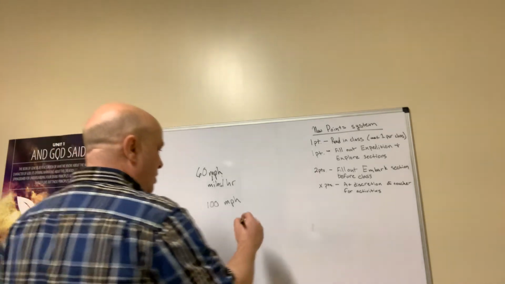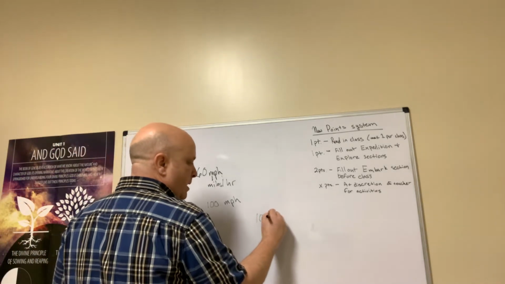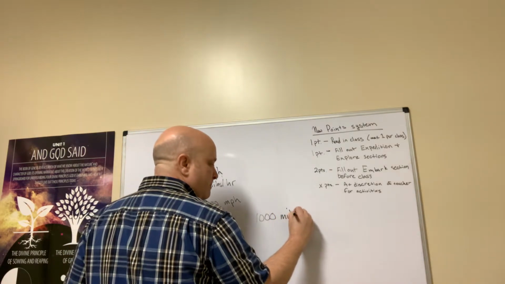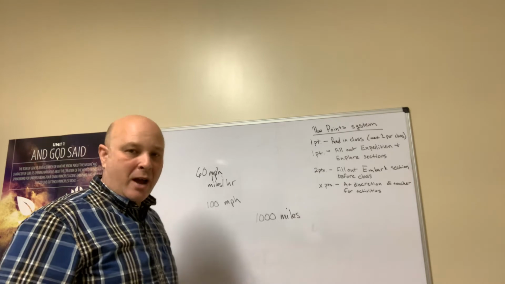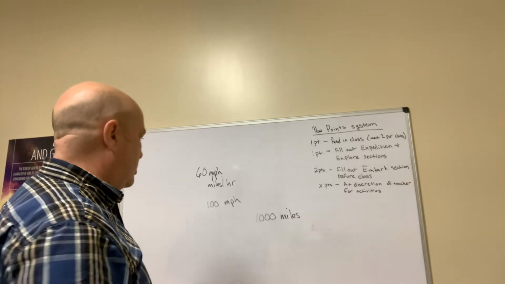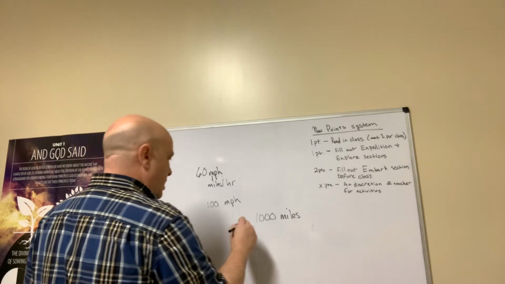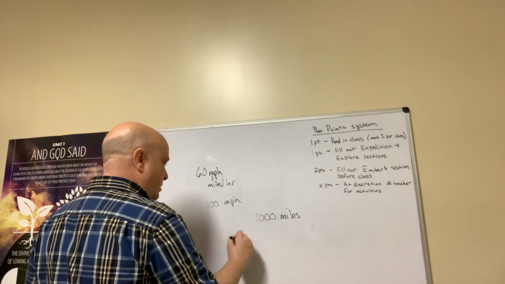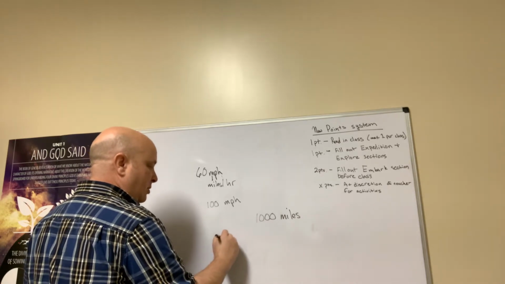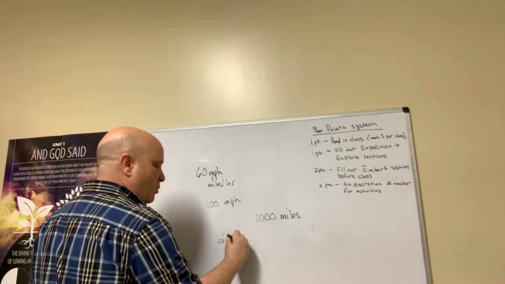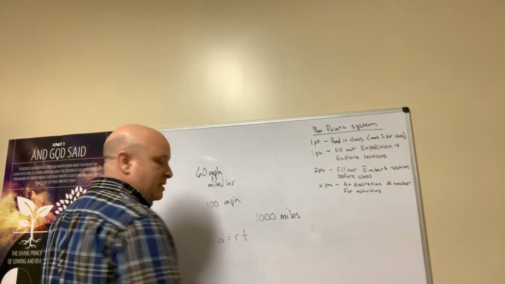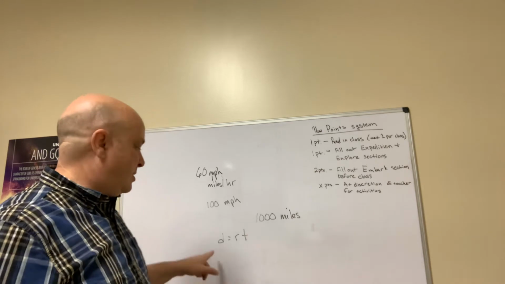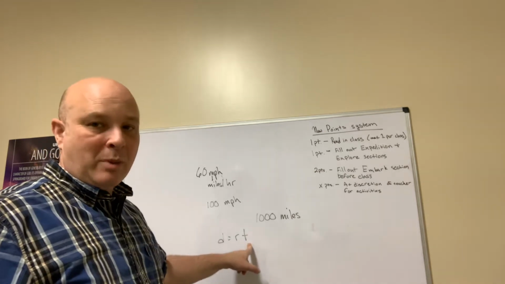If I have 1,000 miles and I'm driving 100 miles per hour, my distance is going to equal my rate times my time, okay? My distance is going to equal my rate times my time.